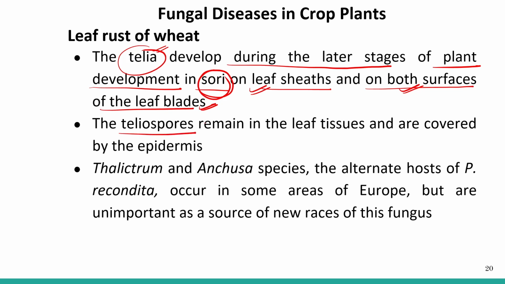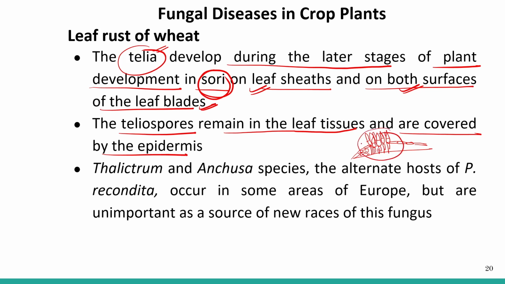The teliospores remain in the leaf tissue and are covered by the epidermis. So, how are these teliospores present? Suppose this is a sheath region. This is the epidermis and this is the cortex, mesophyll cells. Here we can see two-celled teliospores. They are attached, and they are present in groups like this.